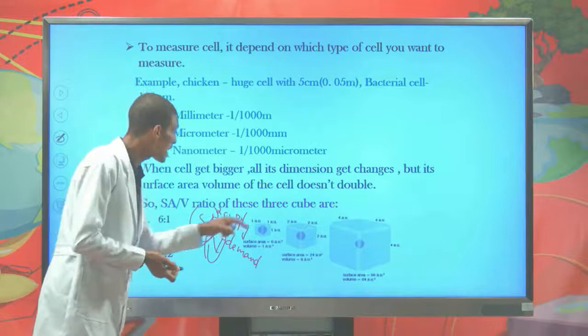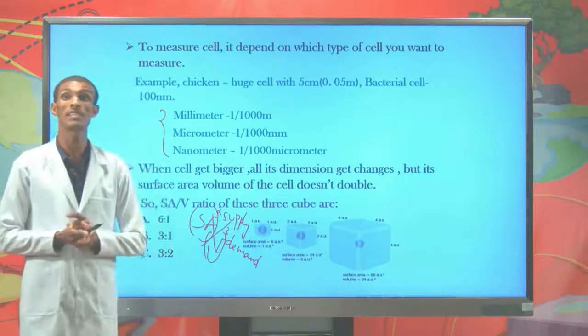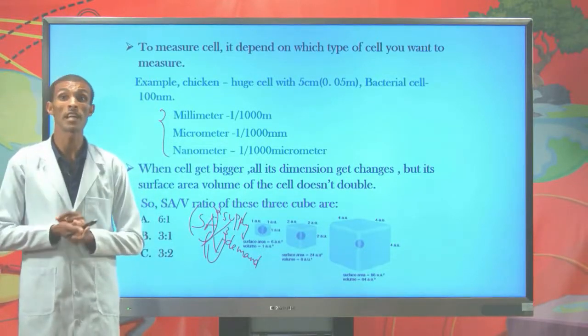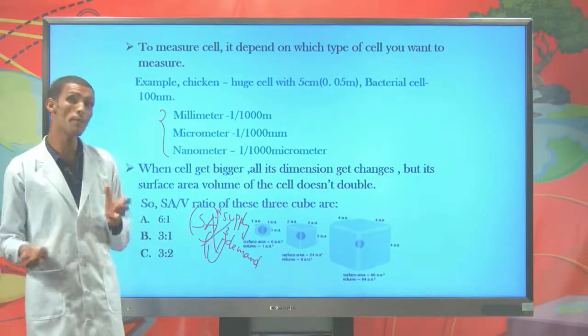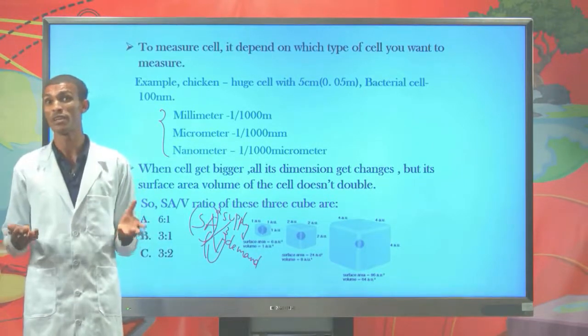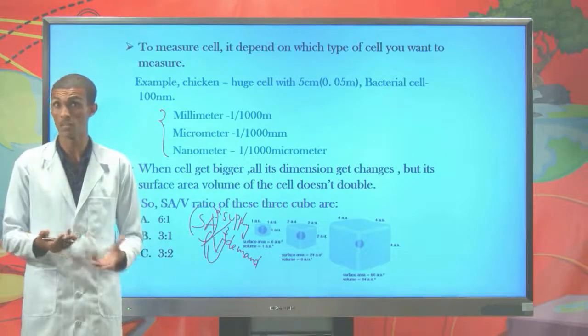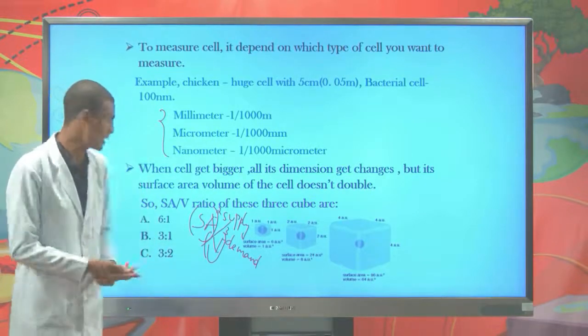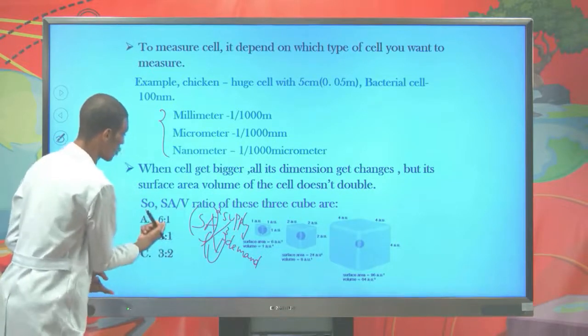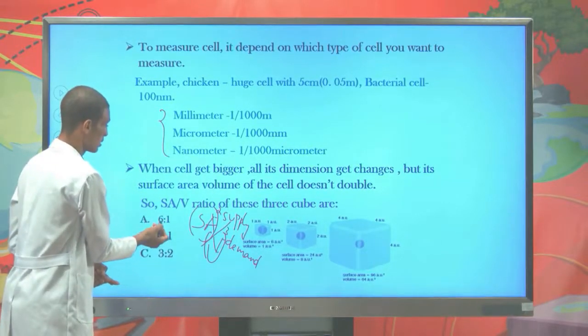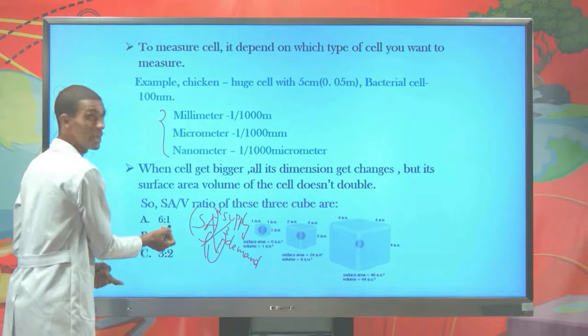So, the surface area to volume ratio of a smaller cell is bigger than that of a larger cell. For example, if you compare the surface area to volume ratio of a rat and an elephant, that of the rat is very high. For cell A here, the surface area to volume ratio is 6 to 1: 6 supply to 1 demand.